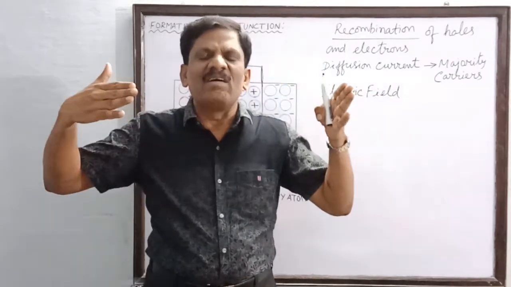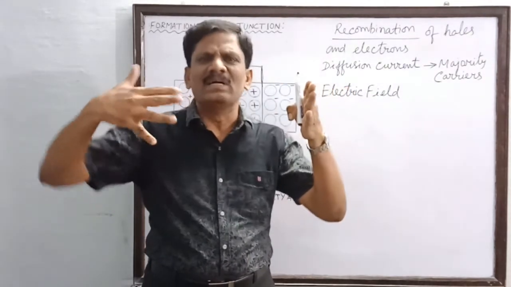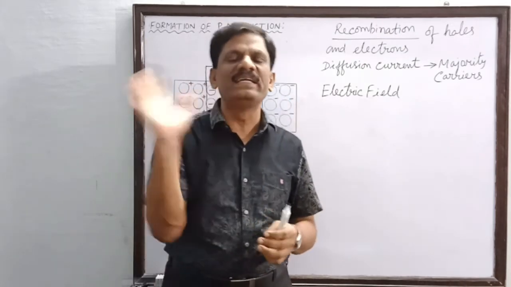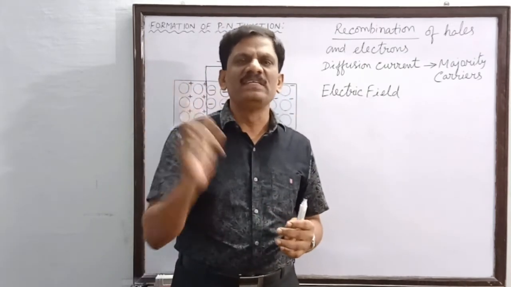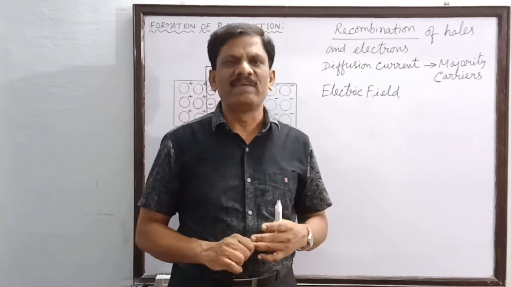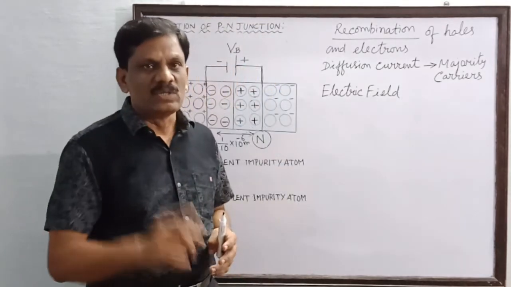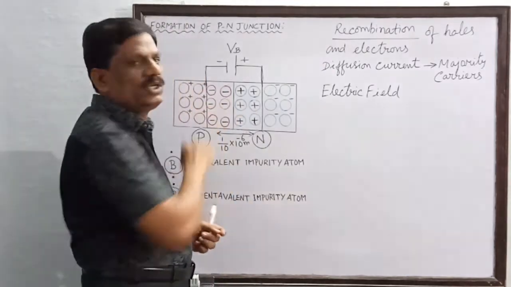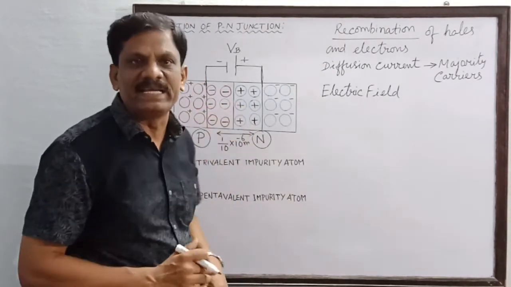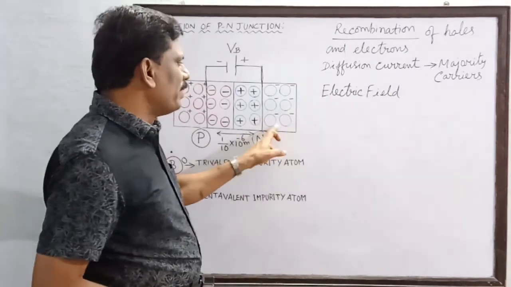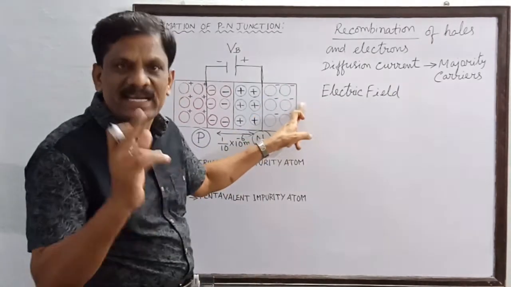This process of movement against some barrier is called as what? Drift. We already studied drift velocity. V drift is equal to equation and all we have studied, E by m into tau, in the current electricity chapter. So the electrons are now drifting towards the positive side of the electric field. Similarly, the holes are the minority charge carriers in the n region.